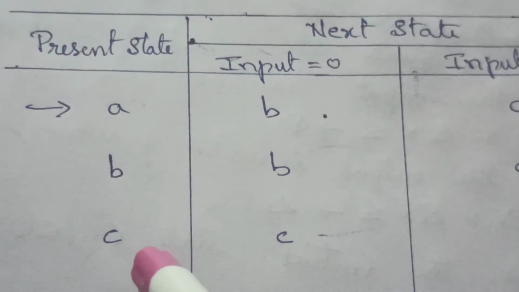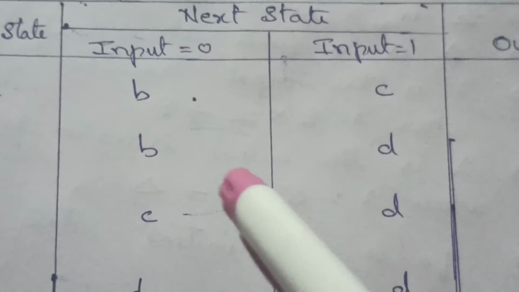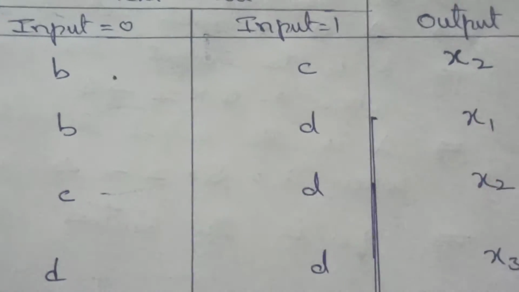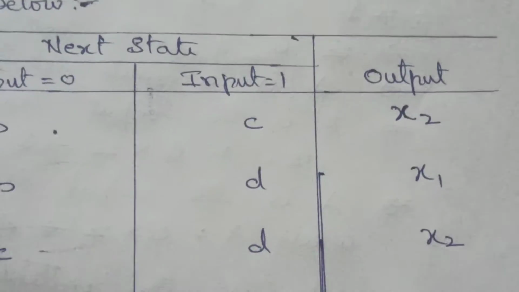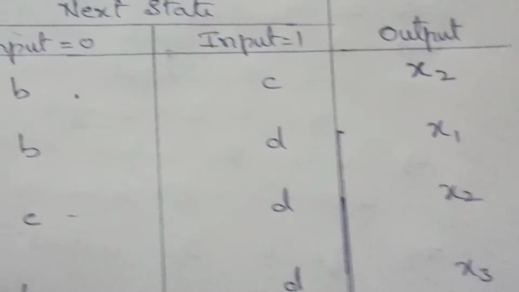Here present state is C, on input 0 it is remaining in state C only, and on input 1 it is going to D, and the output is x2.